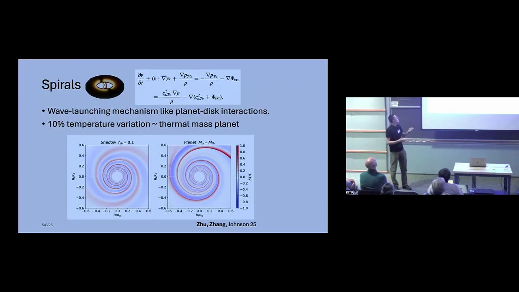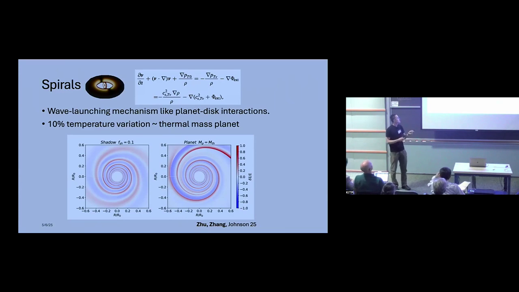Inside the shadow, you have lower temperature and lower pressure, and outside the shadow, you have higher temperature. This term can be separated into two terms again. One of these terms, the divergence of temperature or divergence of sound speed squared, acts as a planetary potential or a binary potential. So that's why the thermal perturbation themselves can launch spirals. And here I'm showing the spirals produced by only 10% temperature perturbation.